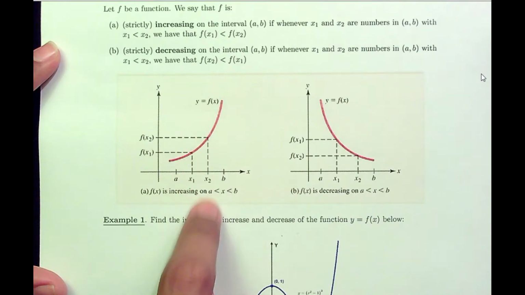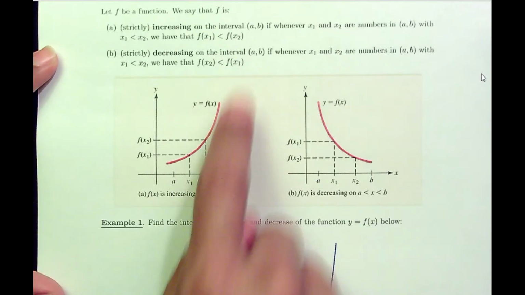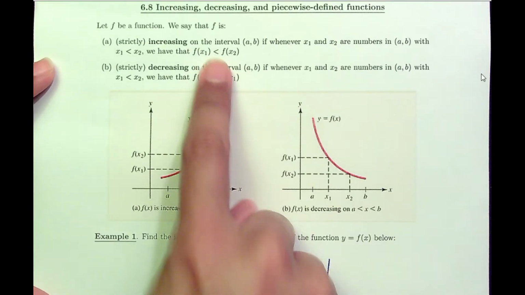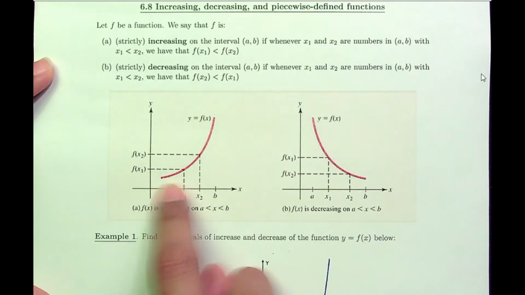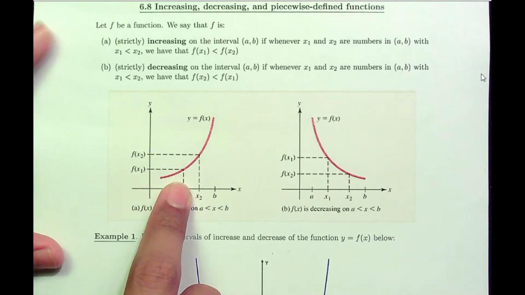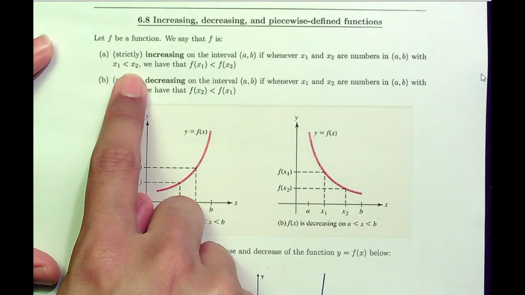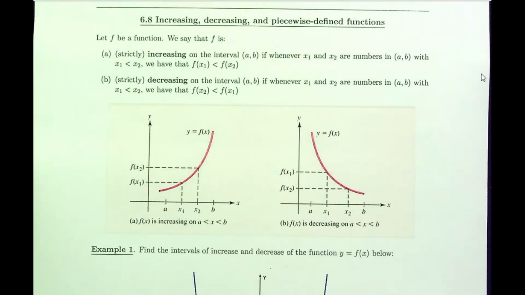So f of x2 is bigger than f of x1, which is what we had there. So the graph is going to look like it's going up as you move from left to right. Graphically, the graph goes up. Algebraically, it means that you can apply f to both sides of an inequality, and the inequality will be respected.